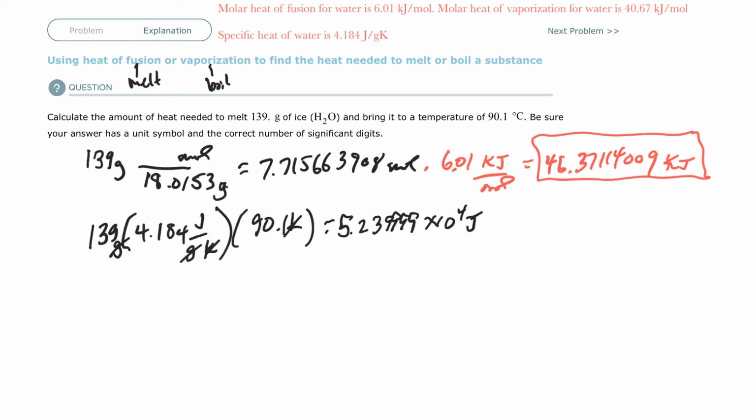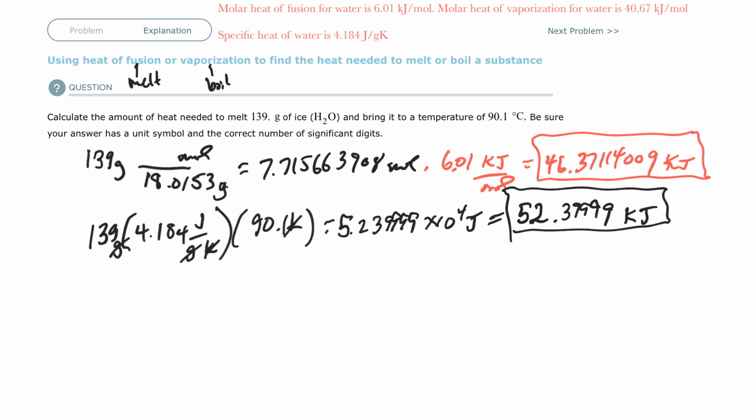When I divide this by 1,000, I'm going to end up with 52.3999 kilojoules. This is the second number that I'm going to add together.